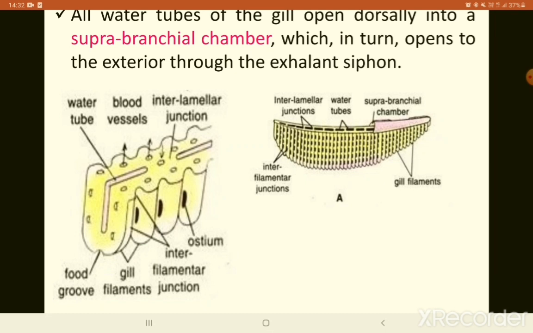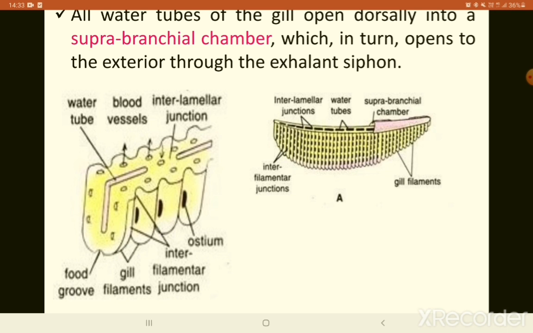As we learned about digestion in the case of Unio, this is how the food is processed. Whatever smaller food particles come, they get entangled with the mucus secreted and form a food cord, and that food cord moves along this food groove because of the beating effect of the cilia of the gill filament, right?